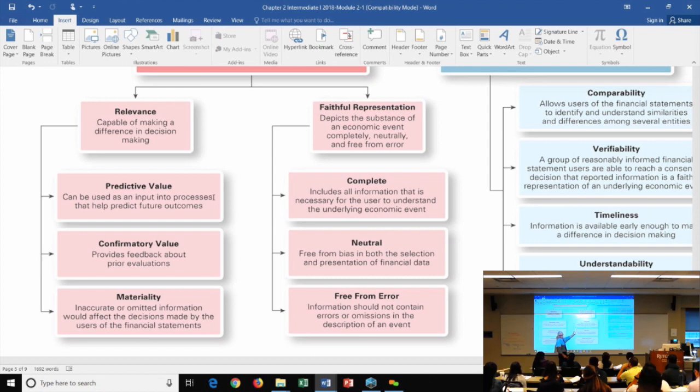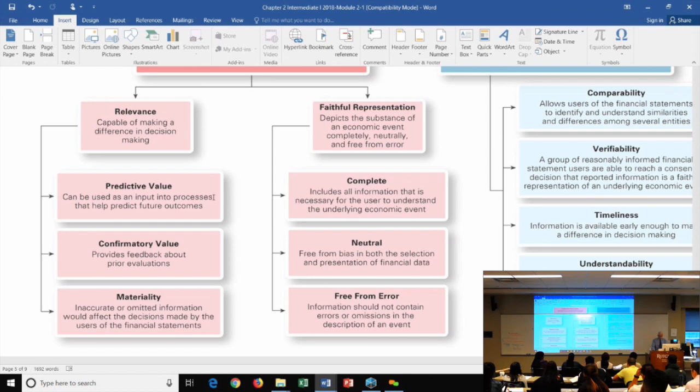It may not be complete, but again, it could be more relevant. So in a quarterly report that's not audited, we're giving you more relevant information. So there is probably more subjectivity in the relevance. And we'll see that in a minute when we look at some of the enhancing characteristics. Anything else on the fundamental? We'll do some more applications as we move along.